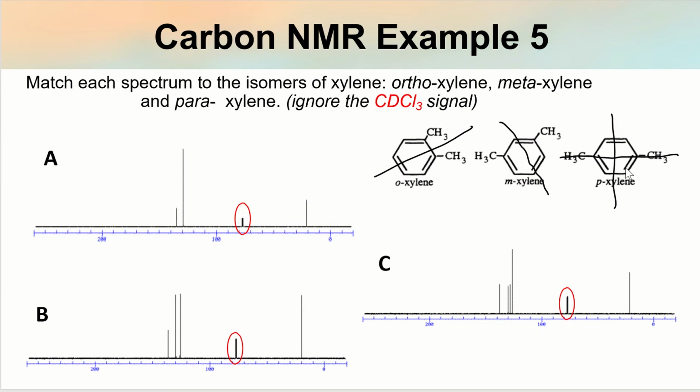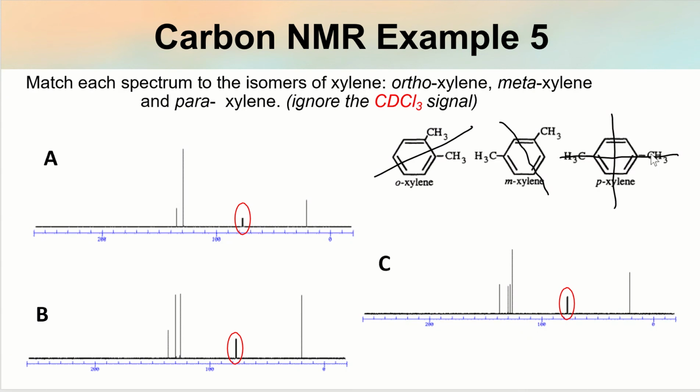Clearly we would expect to have a methyl in one environment, this quaternary carbon in one environment, and then our aromatic CH here in another environment.